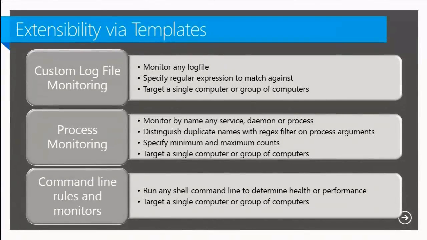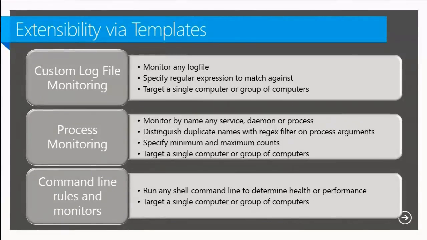And then probably the most extensible in the console experience are our shell command templates. You can build 2-state and 3-state monitors, performance collection rules, and alerting rules, as well as agent tasks that run a shell command or call a script from within the console itself.